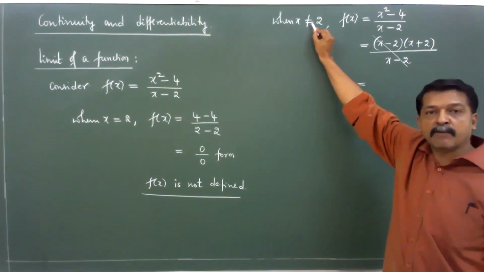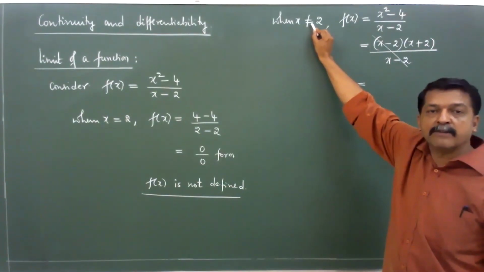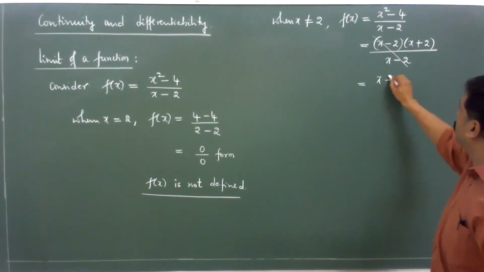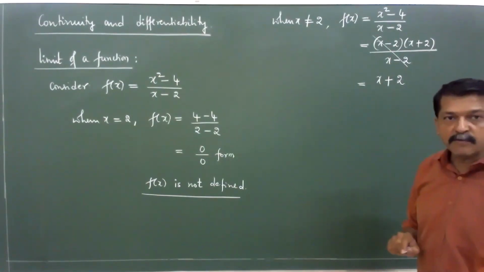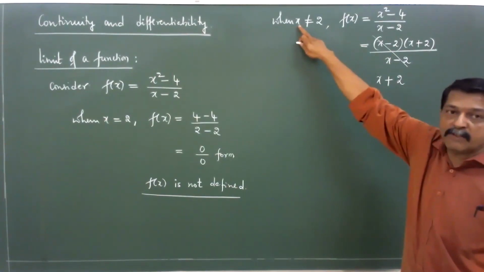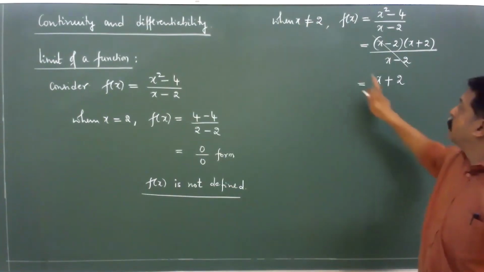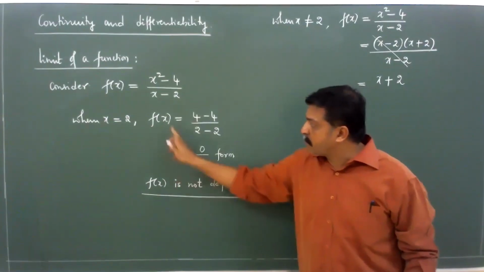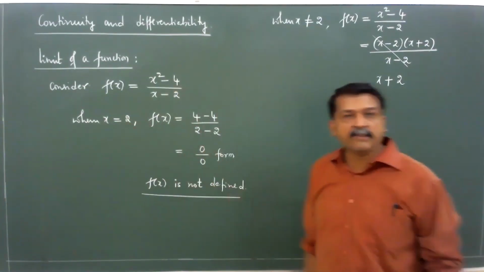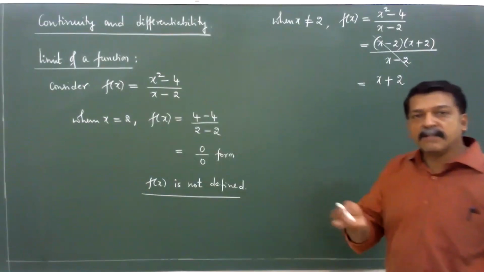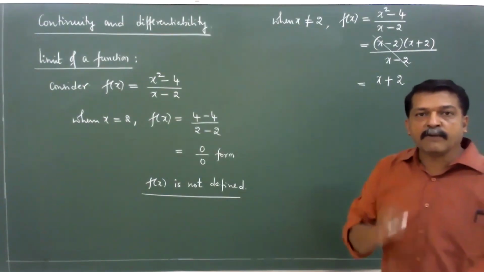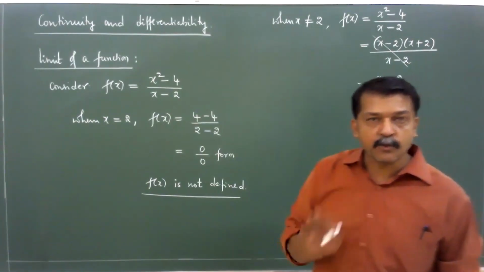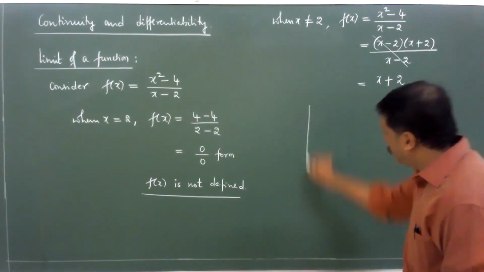When x is not equal to 2, x minus 2 is a non-zero quantity, so I can cancel it off. So you get an equivalent expression, x plus 2. So for all values of x which are not equal to 2, f of x is x plus 2. Now we have already seen that the function is not defined at x is equal to 2. Now let us see what value f of x takes whenever you give values of x close to 2. For that, we'll have a table.